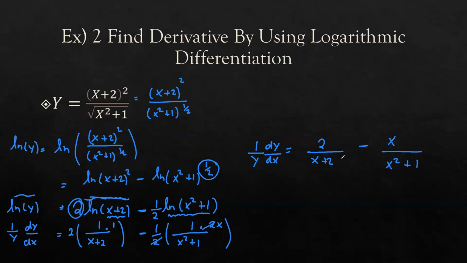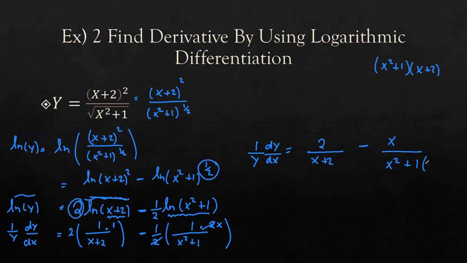What could we do? I guess if you want, you can simplify this before we get dy/dx. So 2 over x plus 2 minus x over x squared plus 1. We're subtracting, so we need a GCF. My GCF would be the mixture of x squared plus 1 times x plus 2.